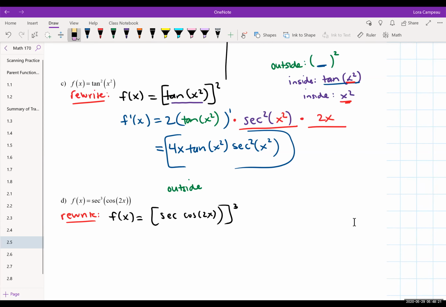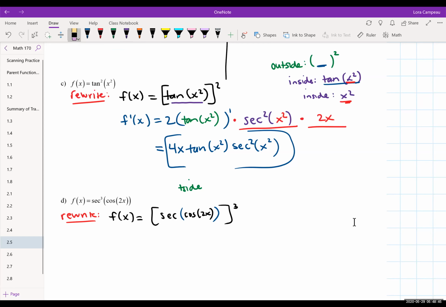And because there are extra parentheses, sometimes I'm color coding them or writing them in different sizes. So I have secant of cosine of 2x. Sometimes that makes it stand out so you can see.